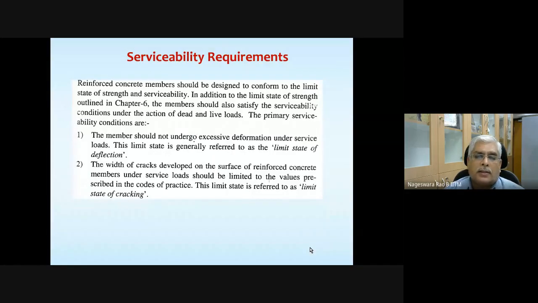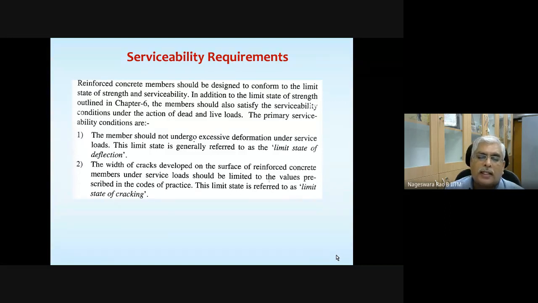Whatever we designed so far is from strength point of view. You have maximum bending moment given, or you do analysis and get it, and for that we looked at how to design various types of sections for flexure.